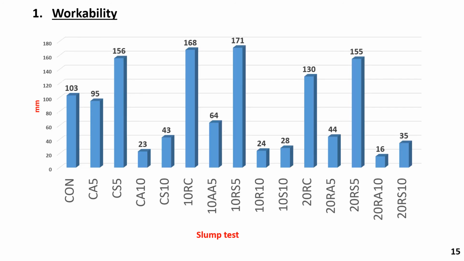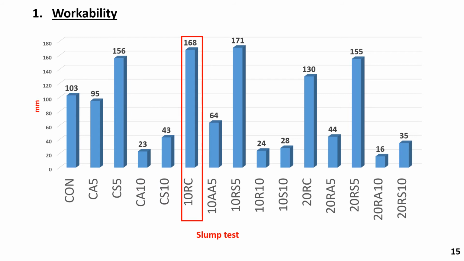Results: from the results we can see that 5% silica fume, 5% paper sludge ash concrete slightly, and 10% paper sludge ash significantly decrease the workability of concrete.